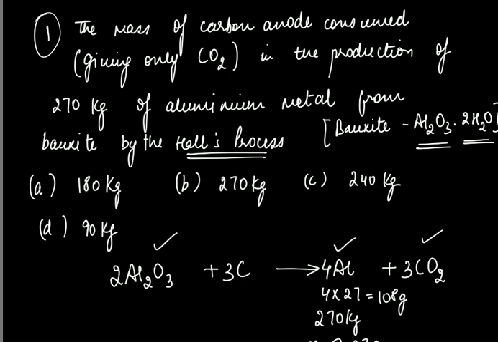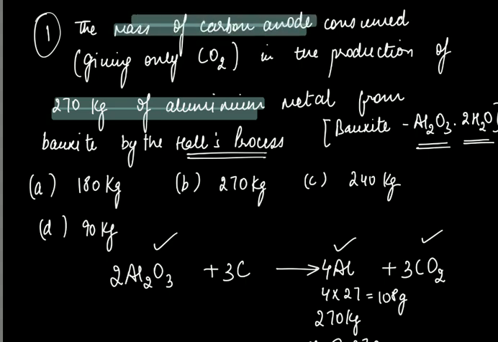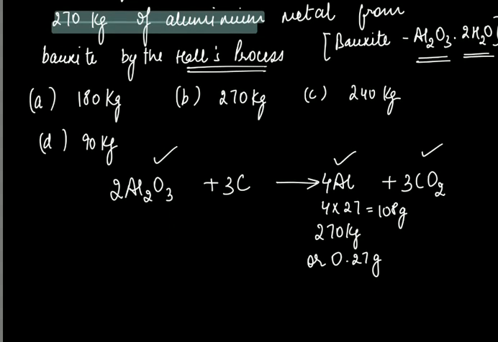So what we are doing over here, we know that 270 kilograms of aluminium metal is already produced, right? We need to find what mass of carbon anode was used in the production of 270 kilograms of aluminium. But we can't calculate the weight according to the question if we don't know the standard ones.